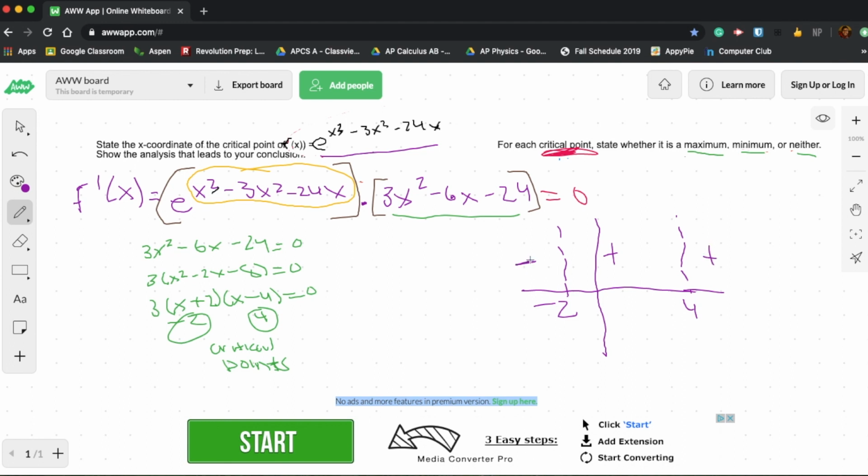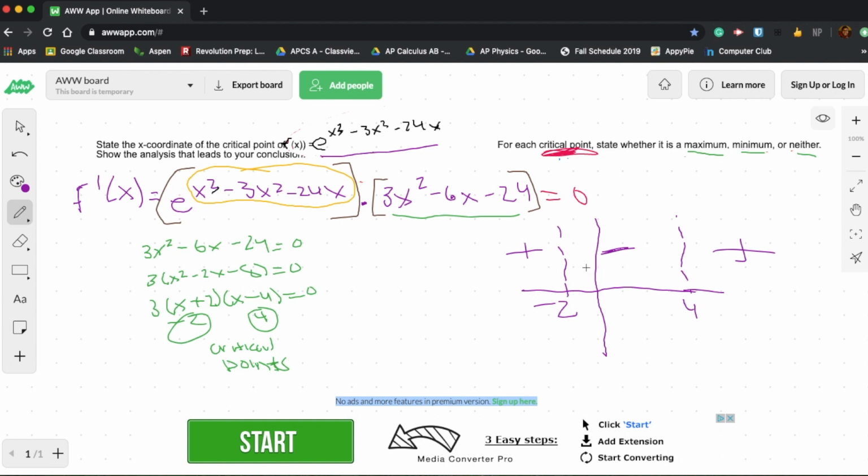Wait, time out. Oh, okay, I see what I did wrong. You're supposed to put it into this giant equation, not just that. So negative 3 should give us a positive number, negative number, positive number. Yeah, that is what you are supposed to do.